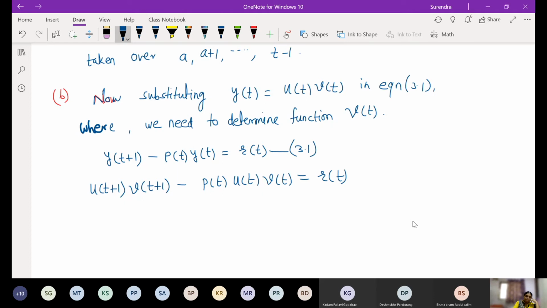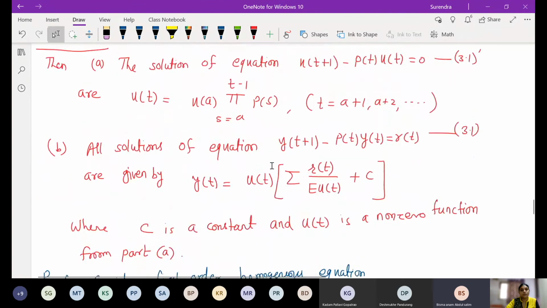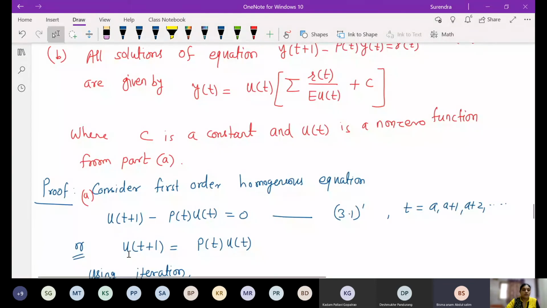Is that okay? Yes, ma'am. Now, u at t plus 1 into v at t plus 1 minus p of t into u t. Sorry, p t into u t, not u t into v t. What is p t into u t?